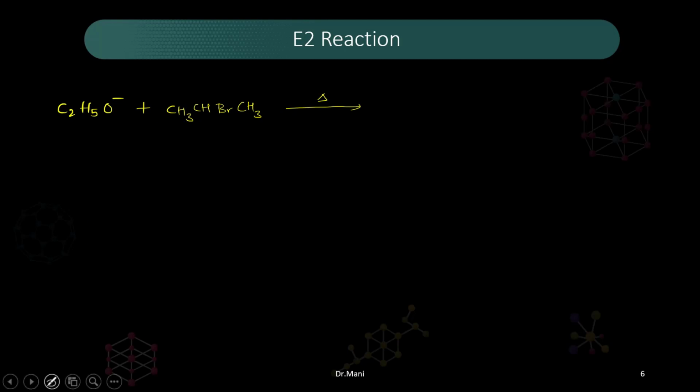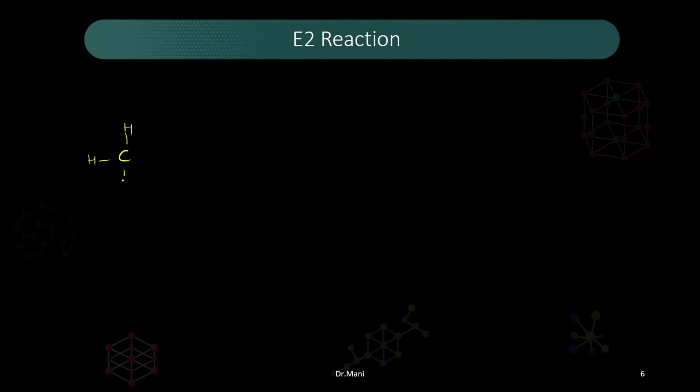So let me write it in the form of a structure. C, hydrogen, C, bromine, CH3. Now I'll bring the strong base here, which is C2H5O minus.